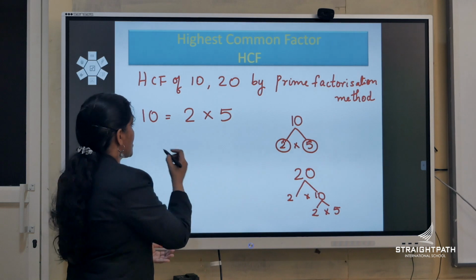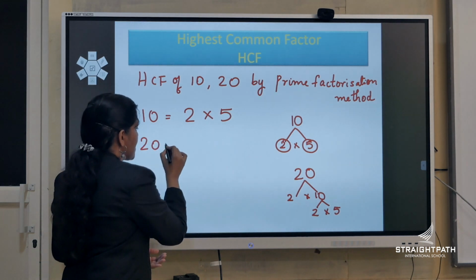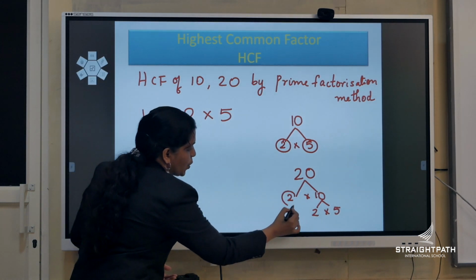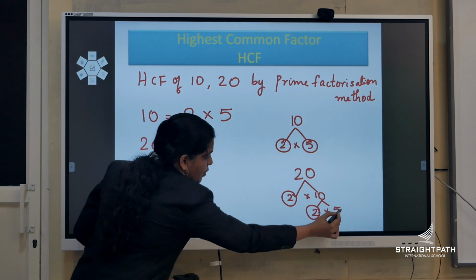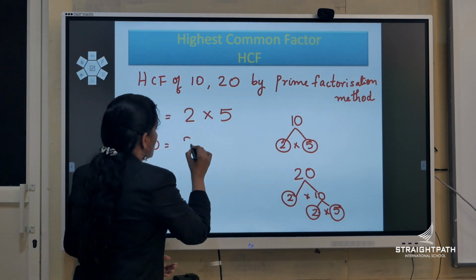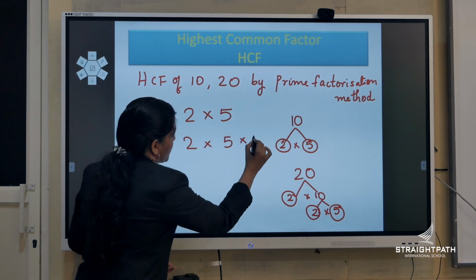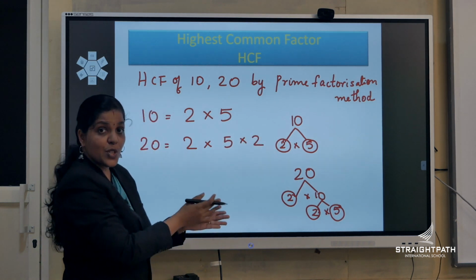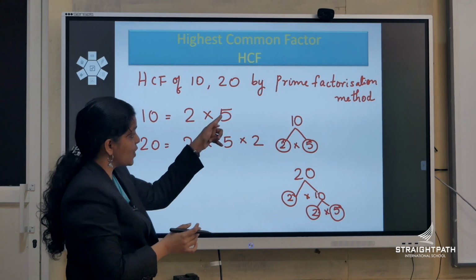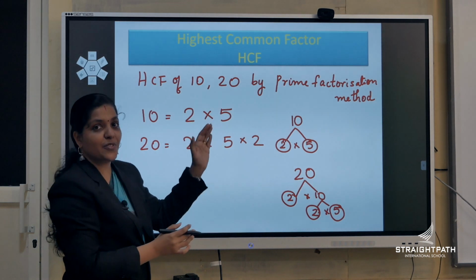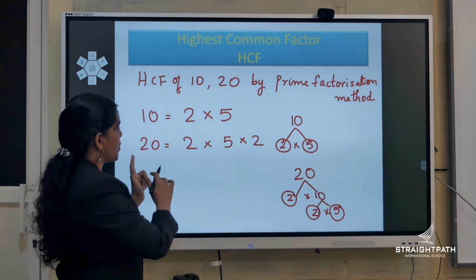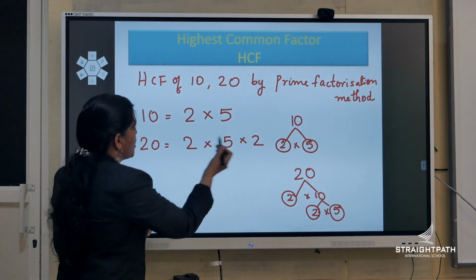So, how can I write 20 now? 20 is equal to 2 into 2 into 5. See, I have just made a rearrangement here. I have written 5 here so that this 5 will come just above that. Okay. So, I have written 20 as 2 into 5, 10, 10 into 2, 20.